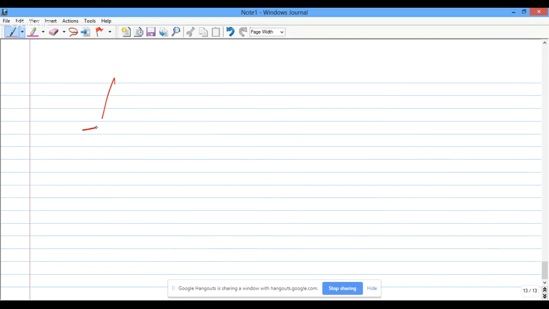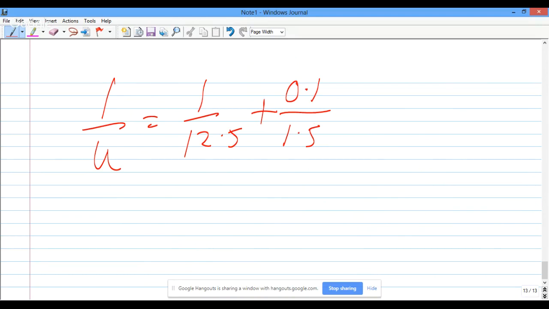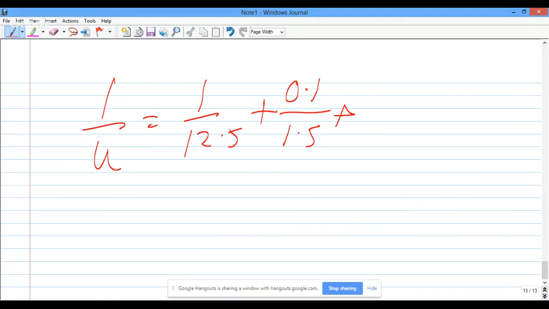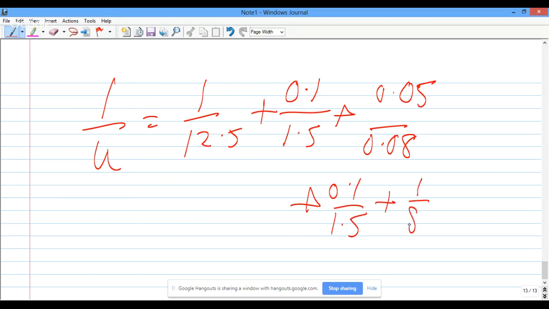So 1 by U is equal to 1 by 12.5 plus 100 mm, which is 0.1 meter, divided by 1.5, plus 50 mm, which is 0.05, divided by 0.08, plus again 0.1 divided by 1.5, plus 1 by 8.